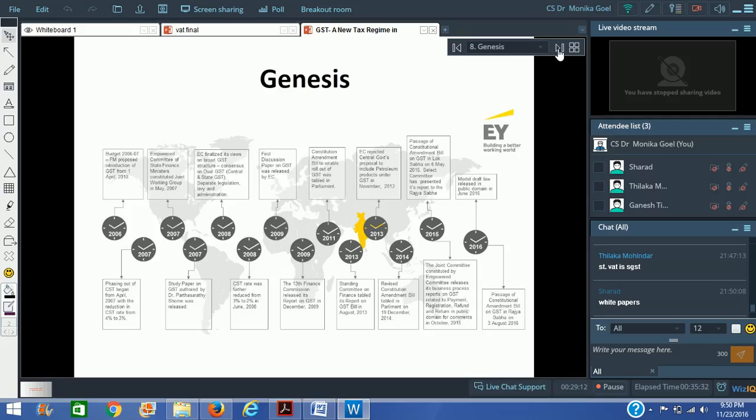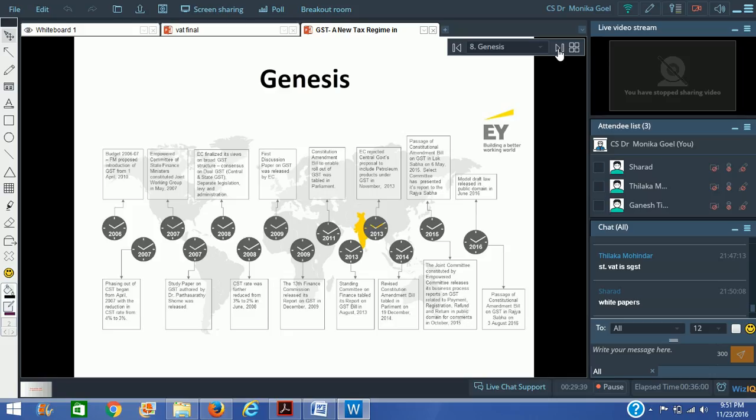So a constitutional amendment bill was required, because now there was going to be one tax levied across the country, and there was no concurrent jurisdiction under the taxation structure. So we needed an amendment in the constitution. The constitutional amendment was first proposed in 2011 before the parliament. The matter was referred to the standing committee.